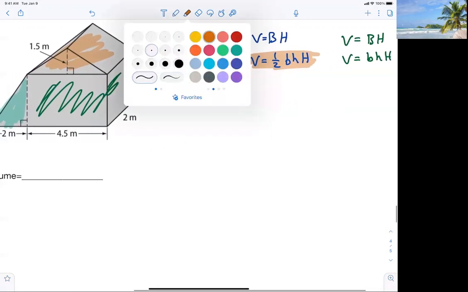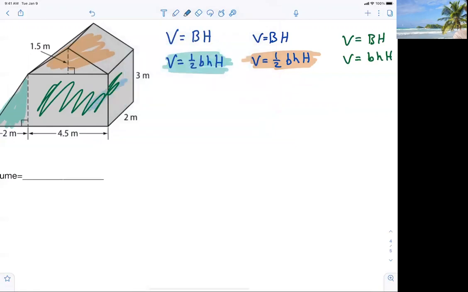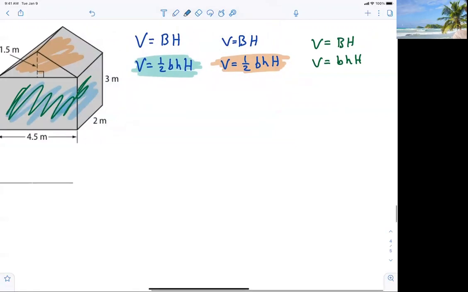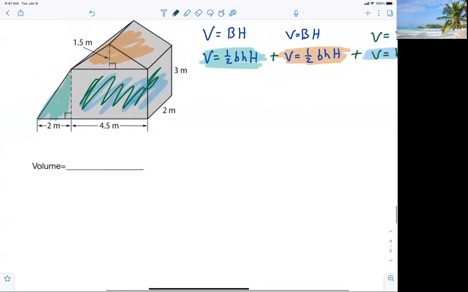And then what am I going to do with those 3 volumes? Add them up. That's how simple. So I want everybody to put a plus sign here and a plus sign here.